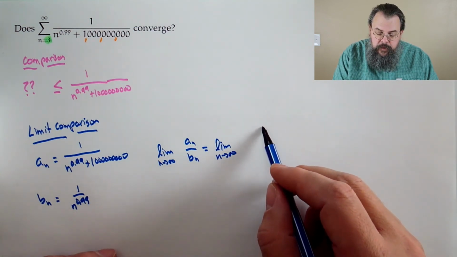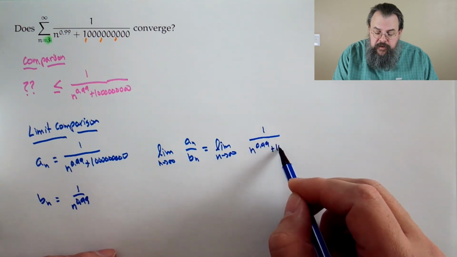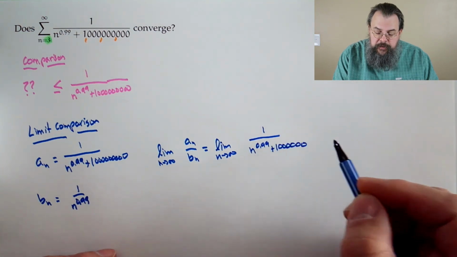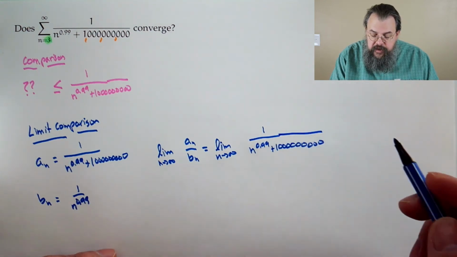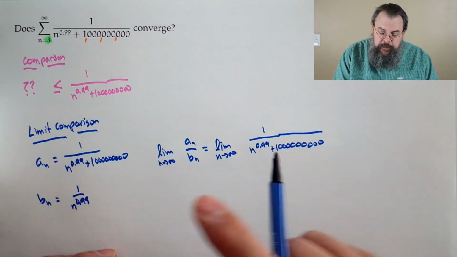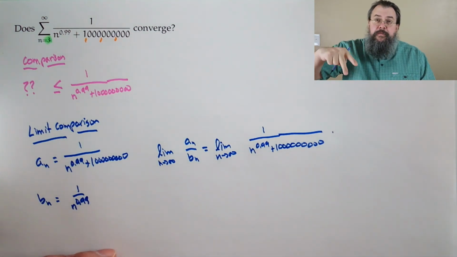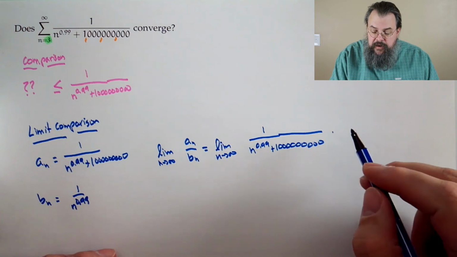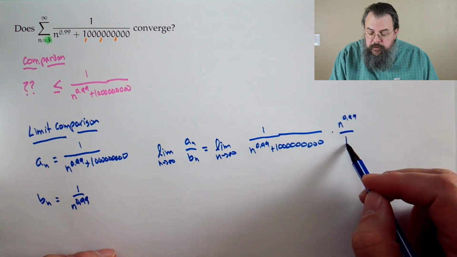So we have 1 over n to 0.99 plus a billion. At some point, we're going to not go through and fill in all the details here. And then you have divided by b sub n, which really, okay, divided by b sub n multiplied by the reciprocal. All right, that's really n to the 0.99 over 1.